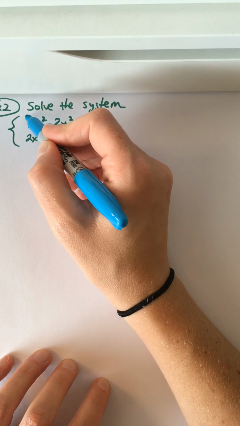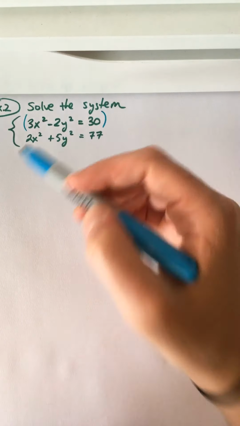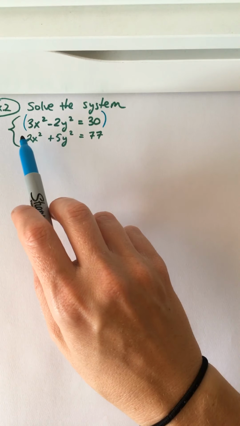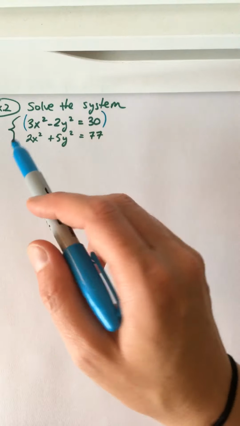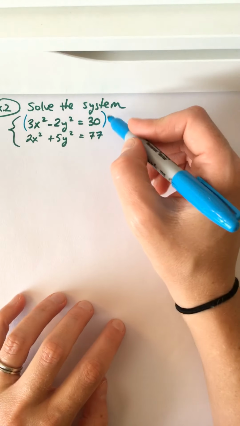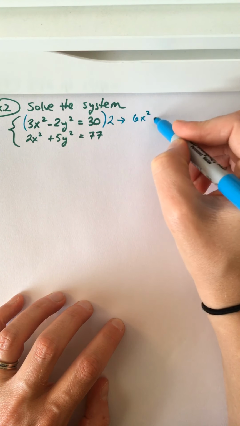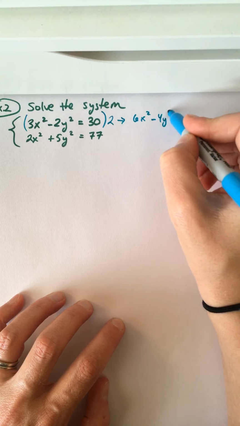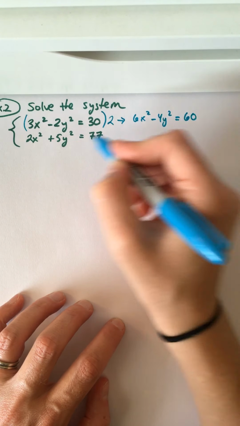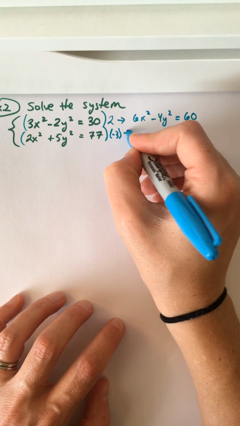To use elimination, my goal is to create either the x's or the y's to have that same leading coefficient so that we can easily subtract them and cancel them out. I'm going to multiply the top equation by 2. So we get 6x squared minus 4y squared equals 60. I'm going to multiply that bottom equation by -3.